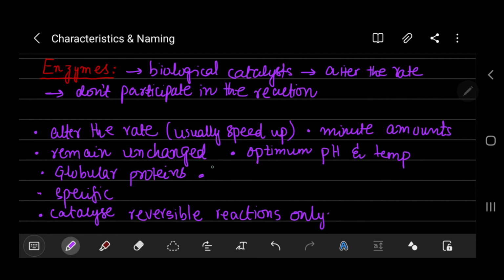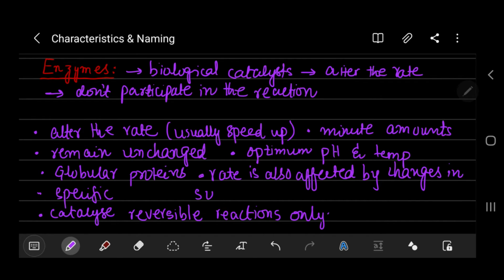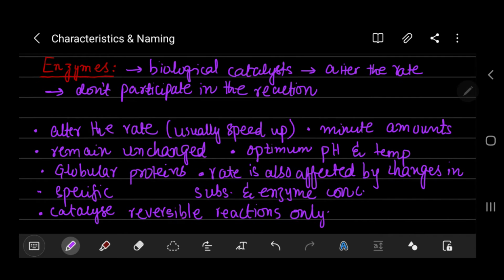And the rate is also affected by changes in substrate and enzyme concentrations.